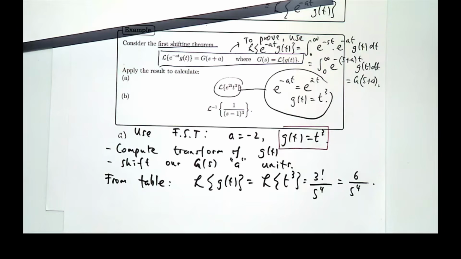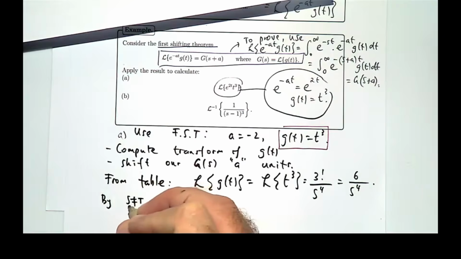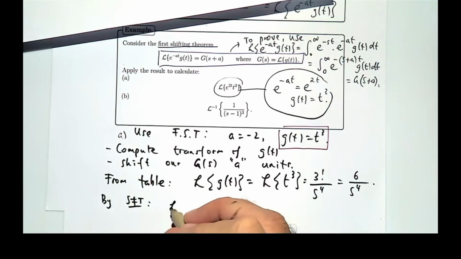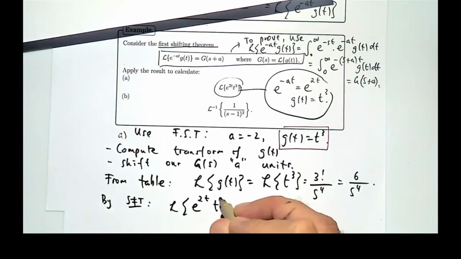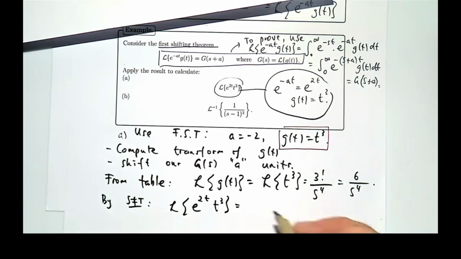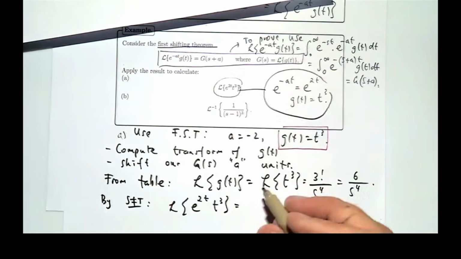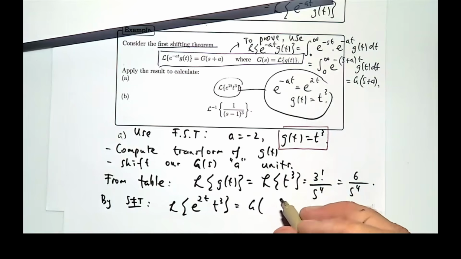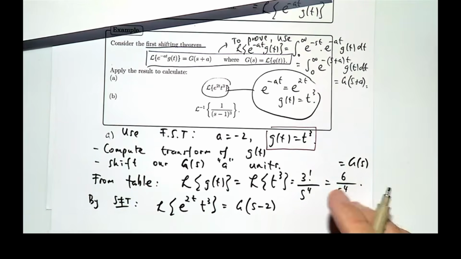Okay, so by the first shifting theorem, it's going to be g of s minus 2. Okay, so this is our g of s here, right?